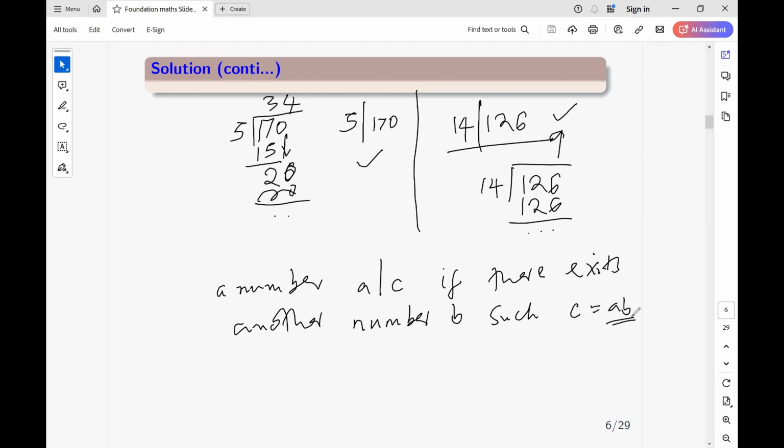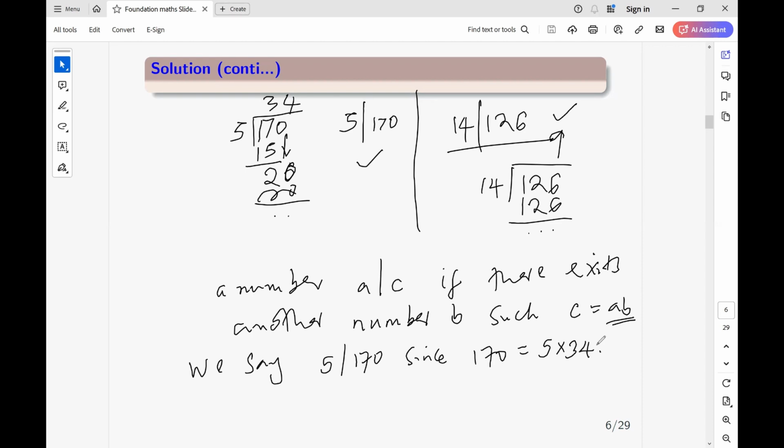Is that okay? So in that case, we say that 5 divides 170, since 170 can be written as 5 times 34. So if 5 were to be A, then 34 is the B. So this is using the definition of divisibility.